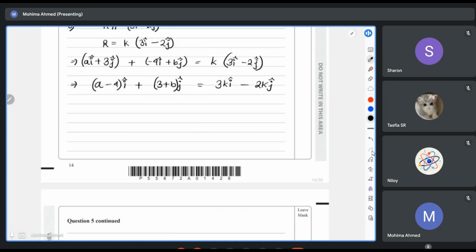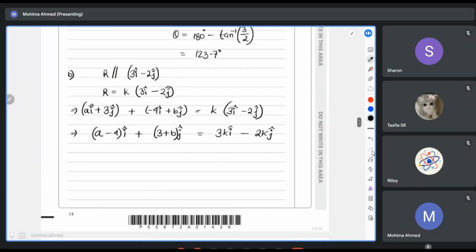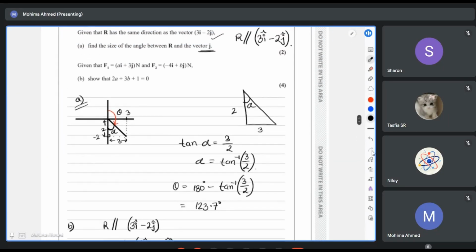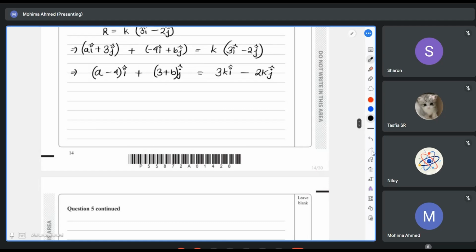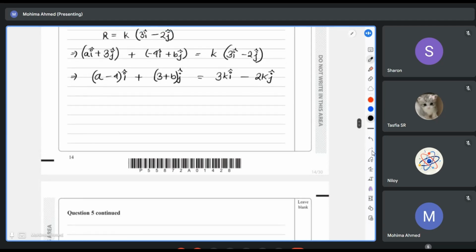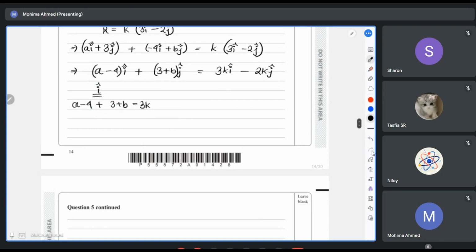Now if you compare the coefficients of i and j, you're going to end up with the equation that we have to show, which was 2A plus 3B equals 1. So if I compare the coefficients of the i direction, you have A minus 4 equals 3k, right?